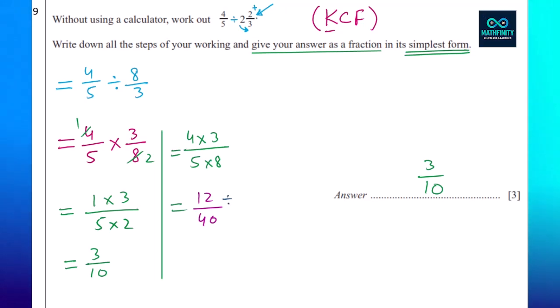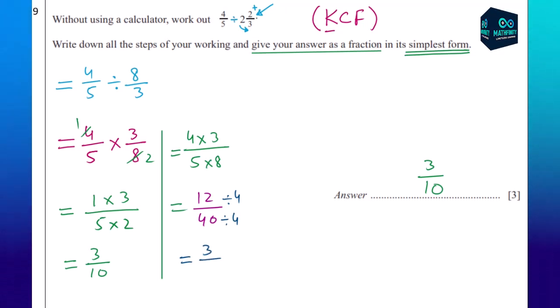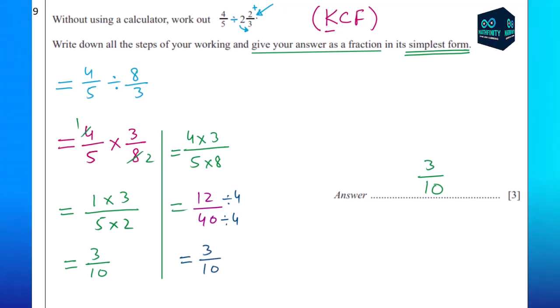We can divide by 4, and also this one we can divide by 4. So the final answer will be the same, 3 over 10. Okay, do the practice, and if you have any confusion, you can discuss with me.